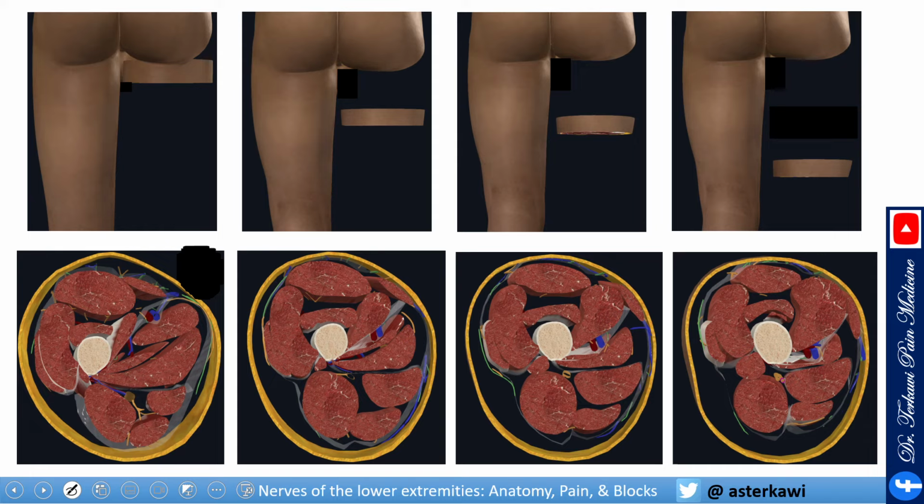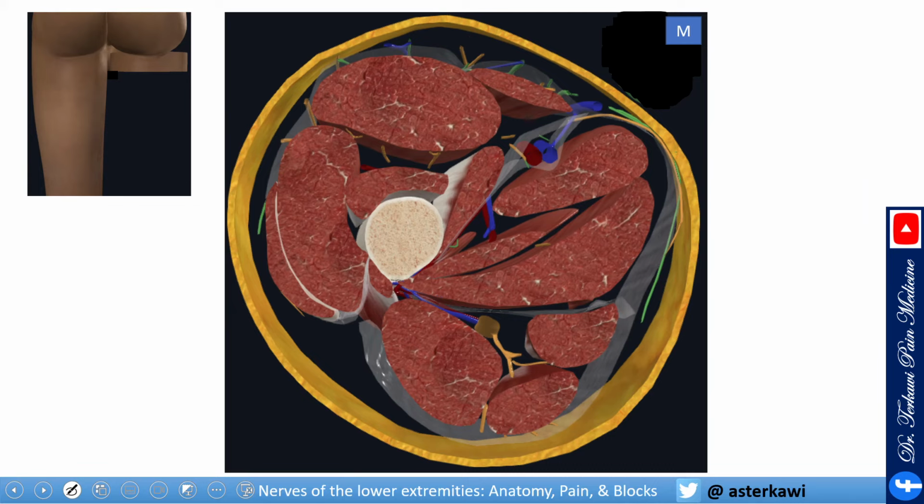Now, let's go to axial cross sections. This is extremely important when we talk about adductor canal block and different femoral branches block. So I'm going to go with you from above and down and show you these cuts, how they change and how it's applicable when we do blocks.